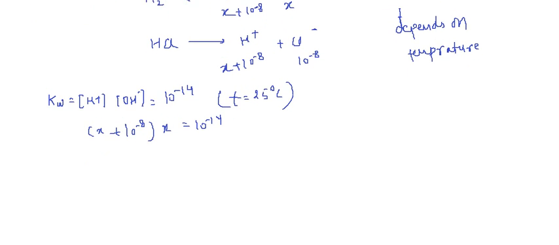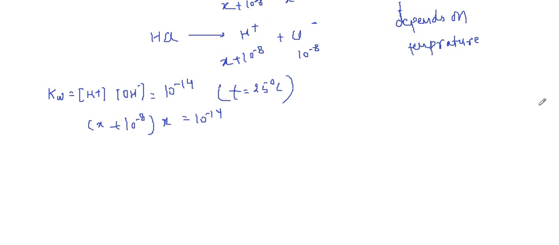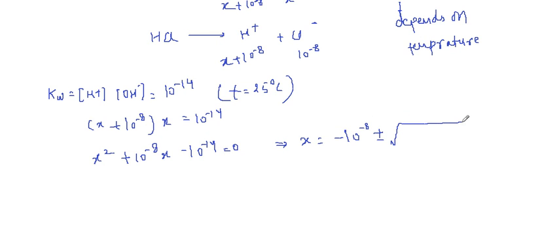So now if we solve this equation, it will be X square plus 10 to the power minus 8 X minus 10 to the power minus 14 equals 0. Now if we solve for X, X equals minus B, minus B is 10 to the power minus 8, plus minus under root B square minus 4AC.